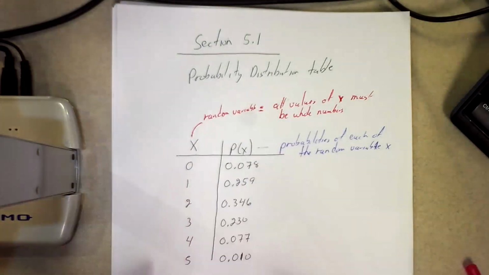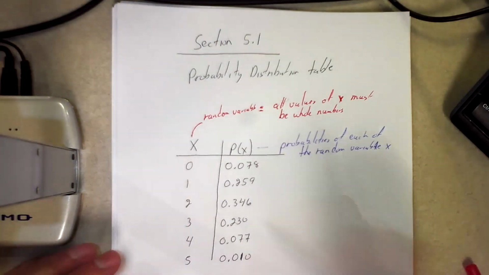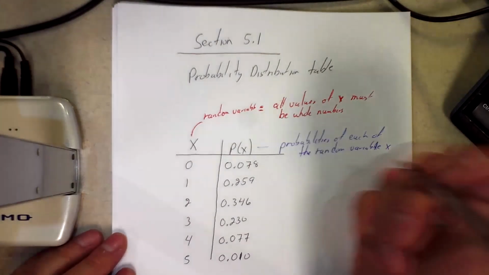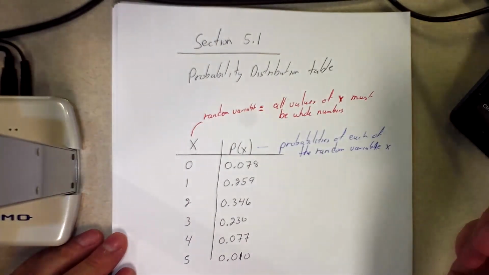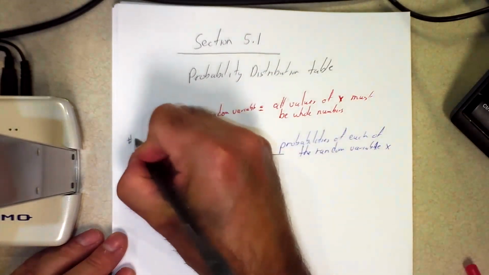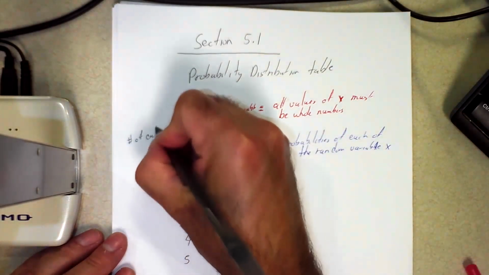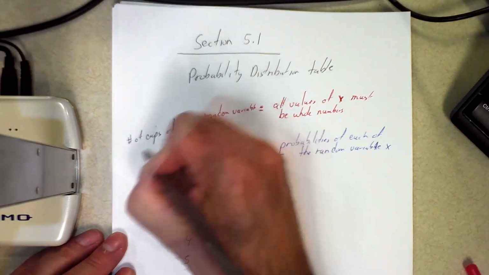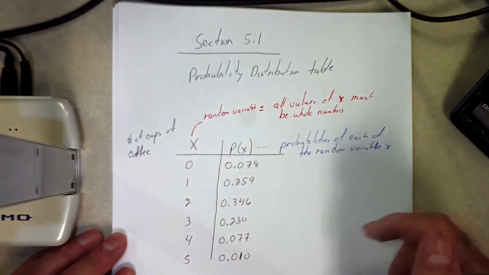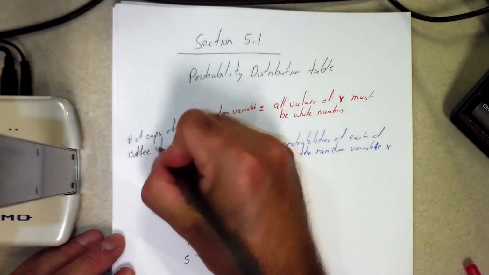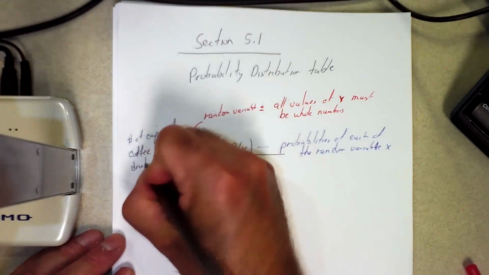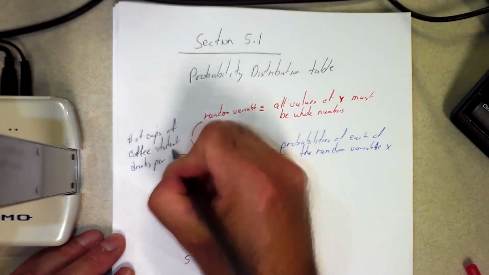So this table, let's say it represents the number of cups of coffee a student drinks per day.